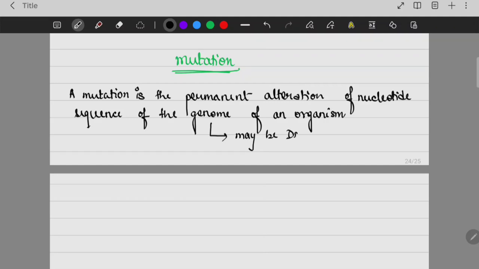May be DNA or RNA or extrachromosomal DNA.